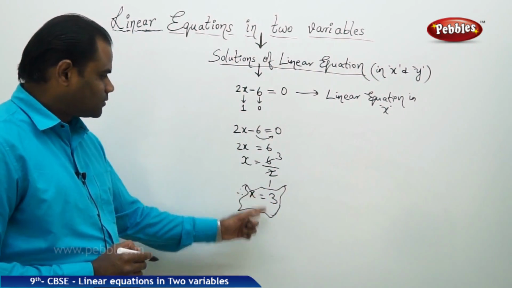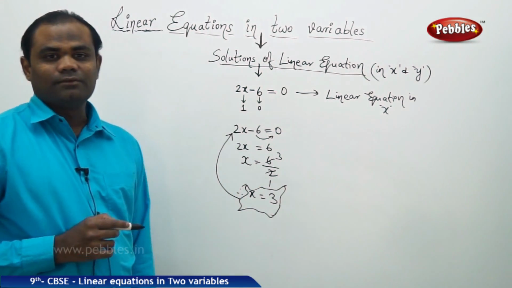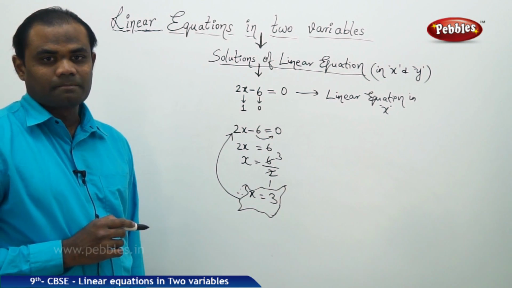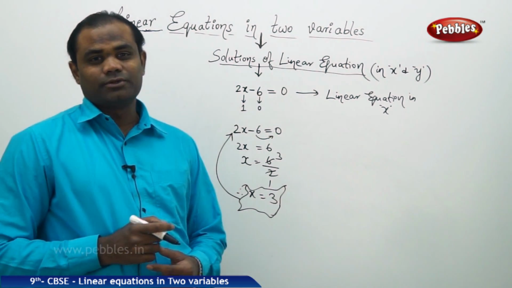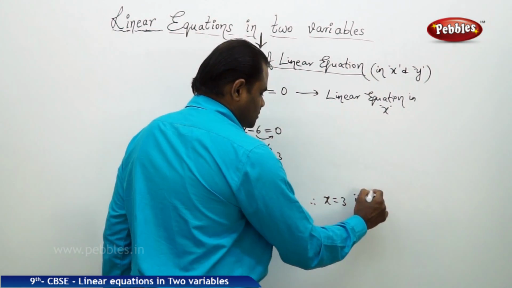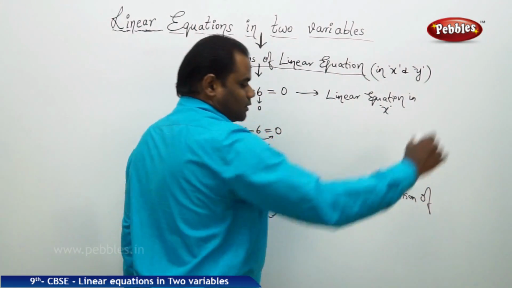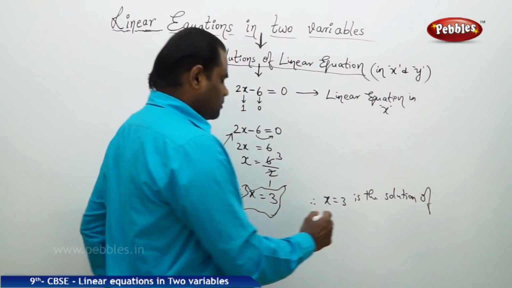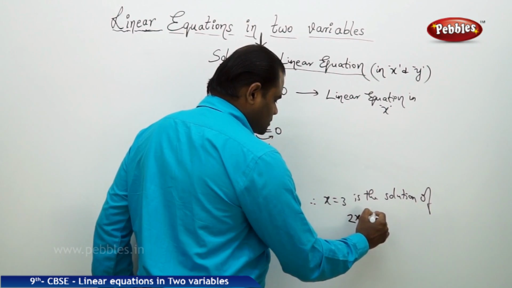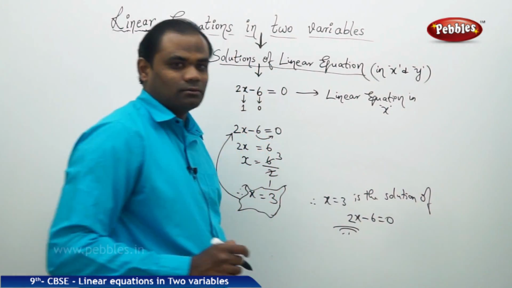Therefore, x equal to 3 is said to be the solution of the given linear equation. That is how we understand the solution. Therefore, x equal to 3 is the solution of the linear equation in one variable x, that is 2x minus 6 equal to 0, is how I conclude.